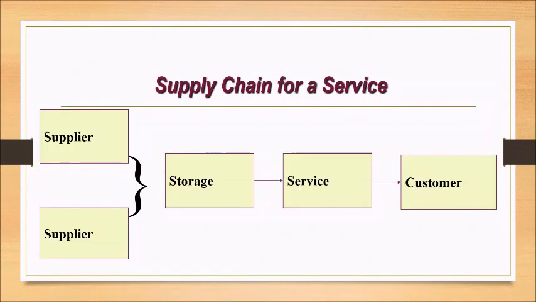So the supply chain for service industry like hotels, tourism. This kind of industry does not really manufacture, but they give a service of the products. Like in the hotels, if you take the example of the linen, they get it from the supplier, and it is stored in the laundry.